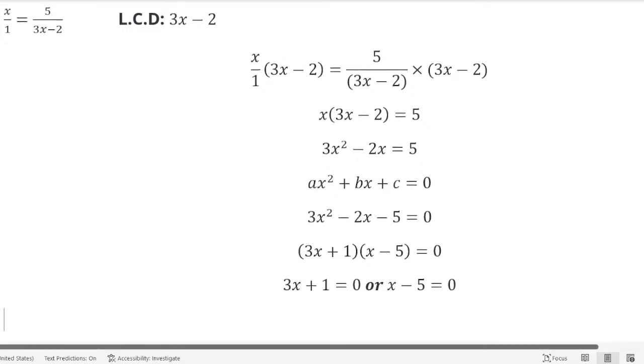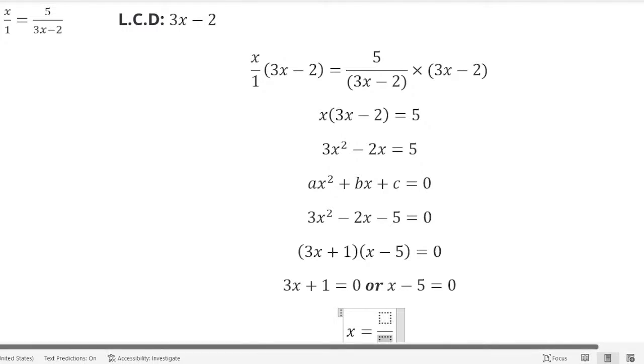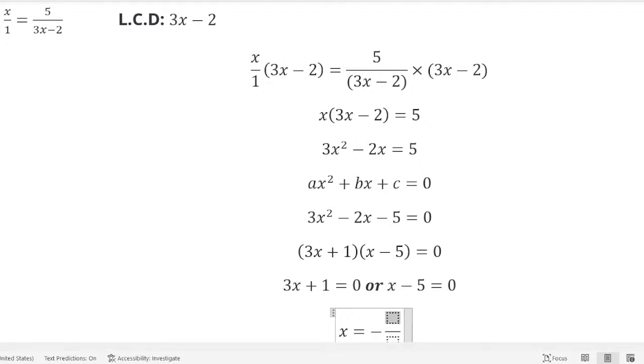So what is the value of x? The value of x will be x is equal to negative 1 over 3. I hope you are following. Or x is equal to positive 5.